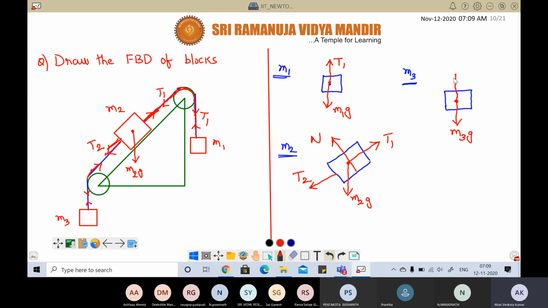As I told you earlier, tension will remain the same in a string, as long as it is one string and the string is massless. Throughout the upper string, tension will be T1. Throughout the bottom string, tension will be T2. That is how we should draw the free body diagram.